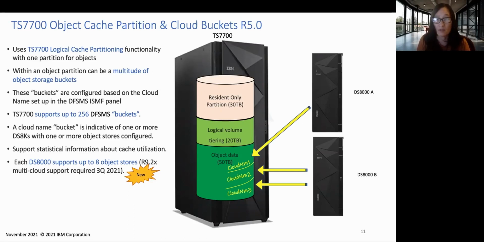And this plays into policy management and understanding where your data is coming from and which DS8000 or which host plex it's coming from. So with this and the new support that DS8000 is providing, that is their multi-cloud support, these buckets become a little more important. So again, we'll be diving deeper into that.